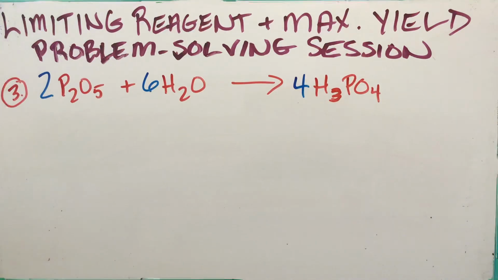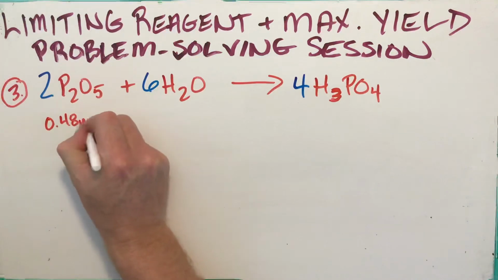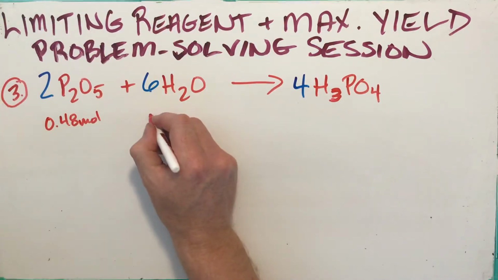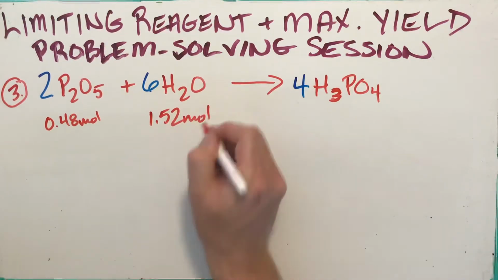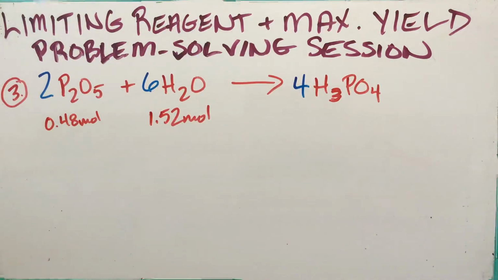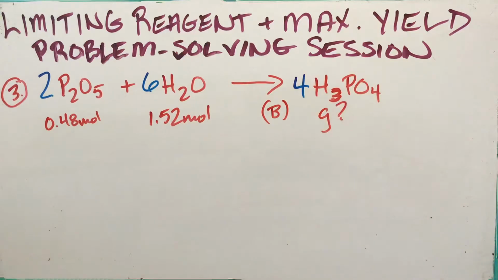Now, what did they give me? They told me that for this I had 0.48 moles, and for this I had 1.52 moles. And the first thing I have to do is find my limiting reagent. B was asking me the maximum yield of that, and C was asking how much of my excess reagent was left unused.